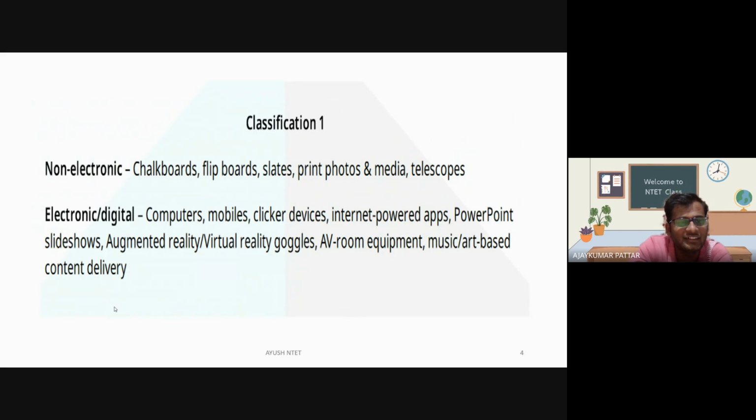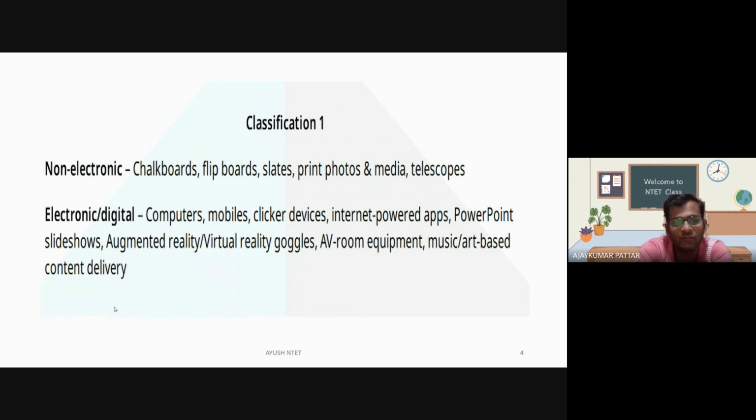So the second one is electronic or digital: computers, mobiles, clicker devices, internet-powered apps, PowerPoint, slideshows, augmented reality, AR and VR, virtual reality goggles or spectacles, what people are nowadays using for entertainment purposes.